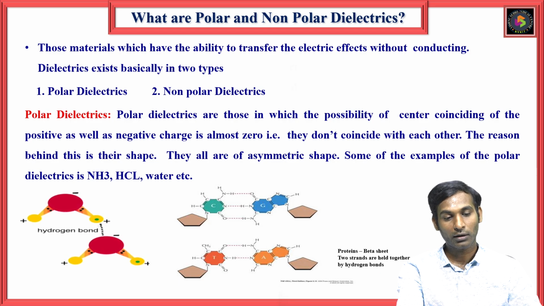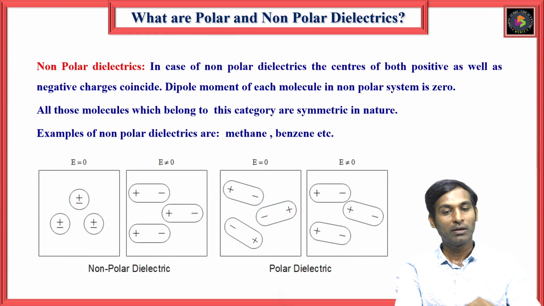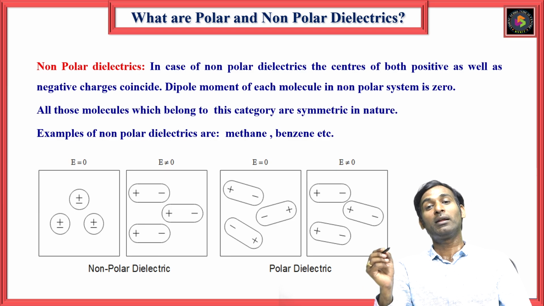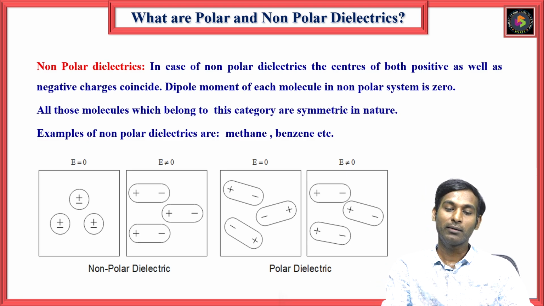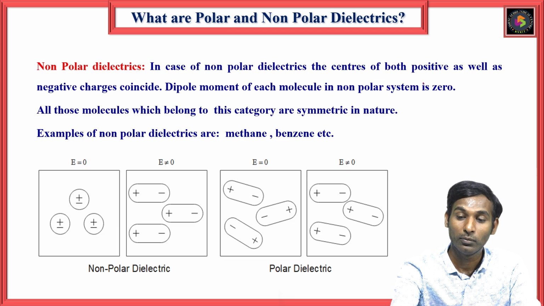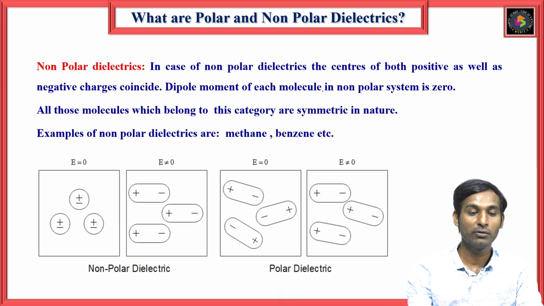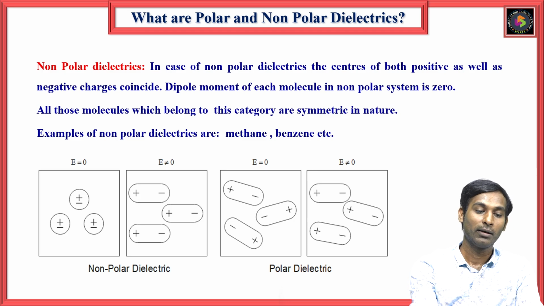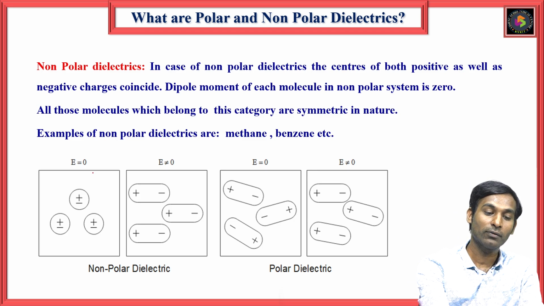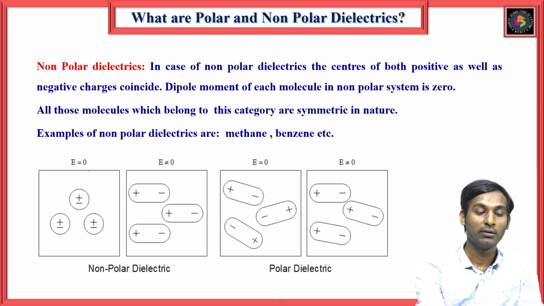Going to the non-polar material, it is a material which possesses a symmetrical structure and has zero dipole moment. In case of a non-polar dielectric, the centers of both positive and negative charges coincide. We can see here a non-polar dielectric. In the absence of an external electric field, the positive and negative charges coincide.